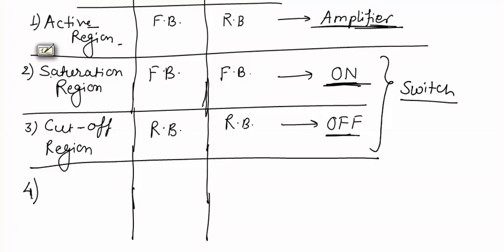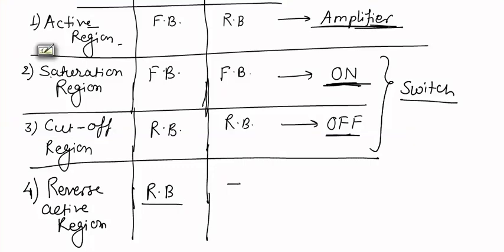Number 4 is reverse active region. When base emitter junction is reverse biased and collector junction is forward biased.